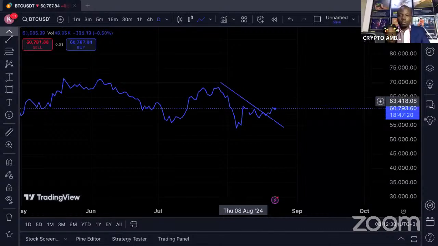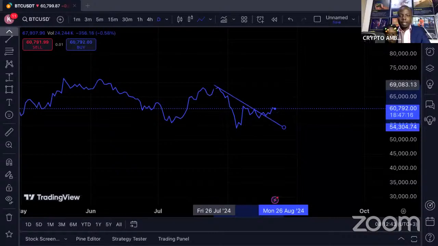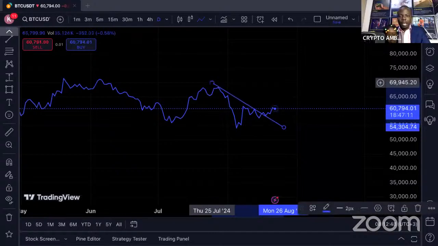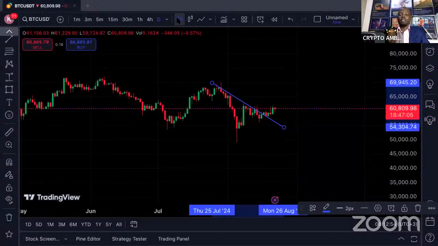Okay, so you see, I can draw my vertical line, and my horizontal line from this point here, and I have two V touches. So when I return this to a candle like this, do you see it has broken my trend line?